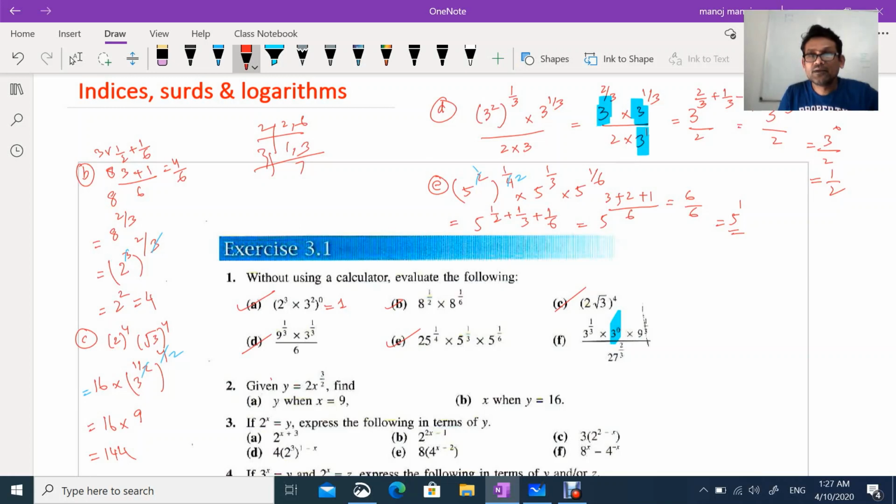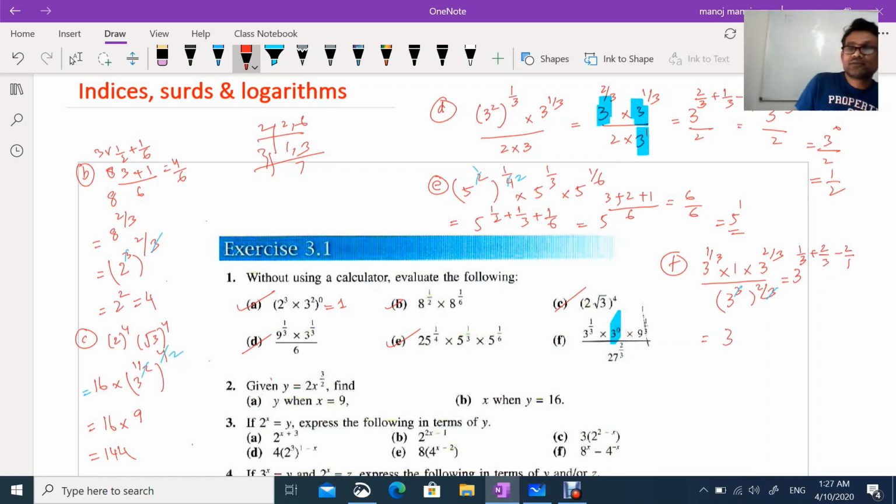Now we do part F. 3 power 1 upon 3 multiplied by 3 power, we can convert, 2 upon 3, and this we can write as 3 power 3 is 27, with 2 upon 3 outside. So now we can cancel this 3 and 3. The base is the same, so we can add the powers: 1 upon 3 plus 2 upon 3, and this 2 will become minus 2.